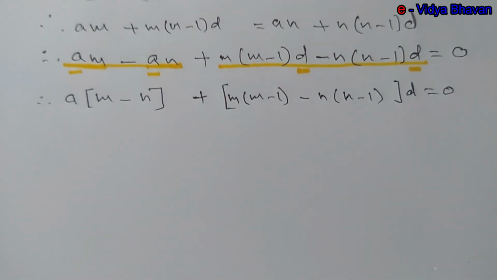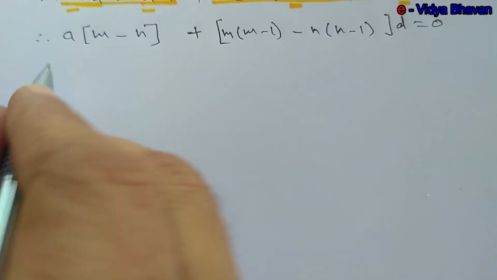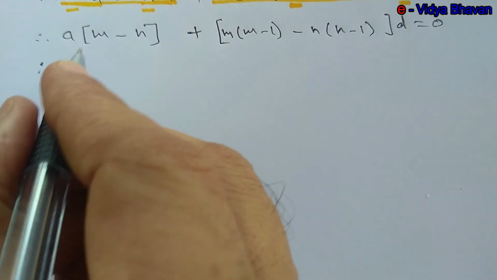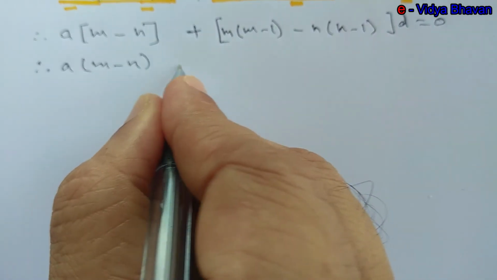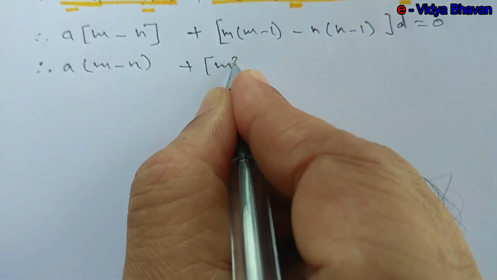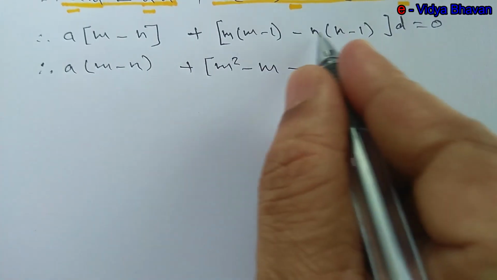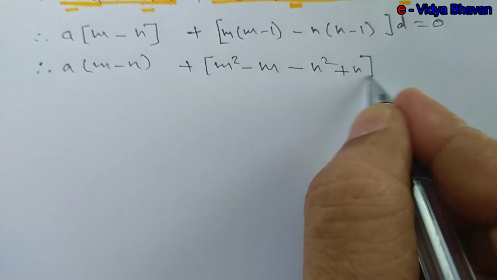Further we can go, therefore d (m minus 1), open the bracket, m square minus m minus n square plus n.